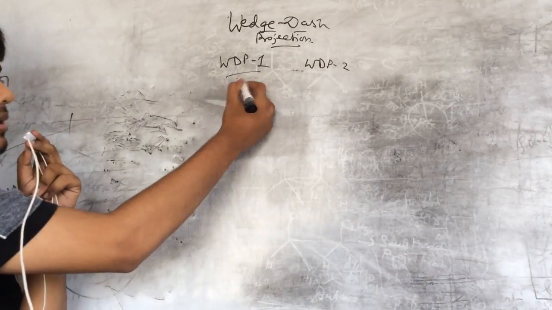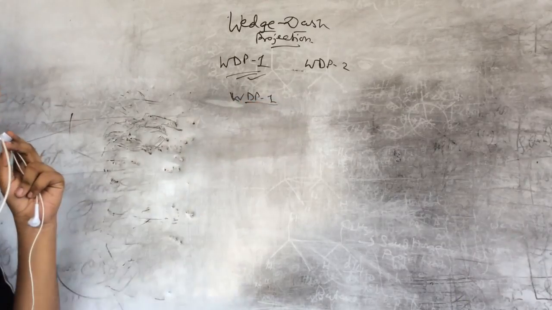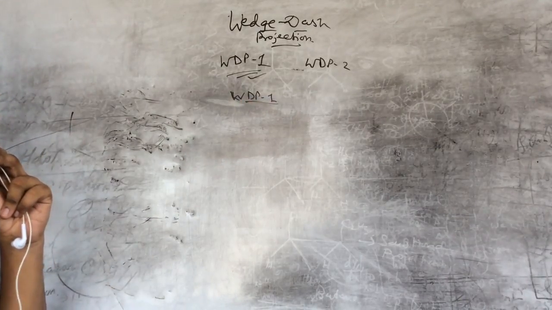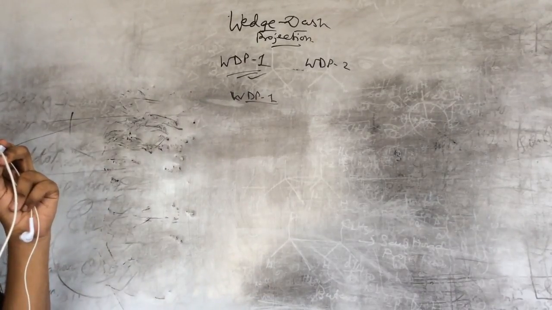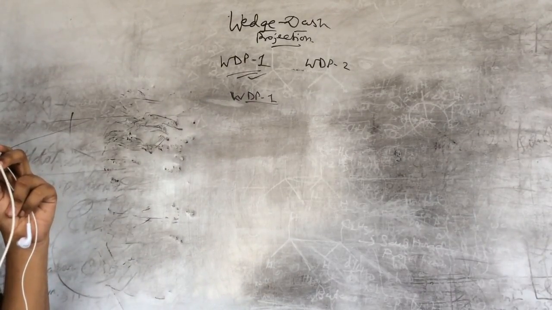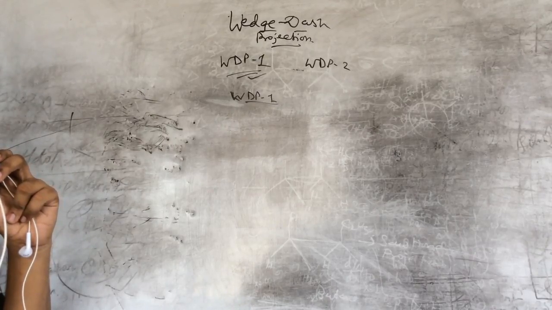Let's discuss WDP1 first. In WDP1, what happens is that if you view a molecule and you view a single carbon of the molecule, you place two of the groups attached to the carbon.